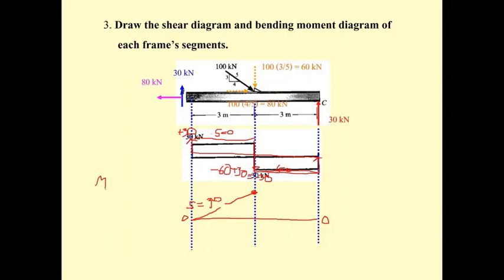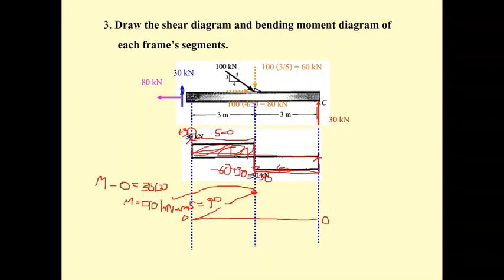The moment M here is going to be minus 0, and it's going to equal the area of this, and the area is going to be 30 times 3. So the M here is going to be 90 kilonewton meter.